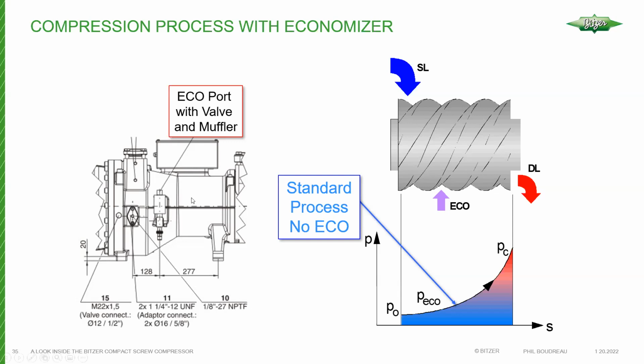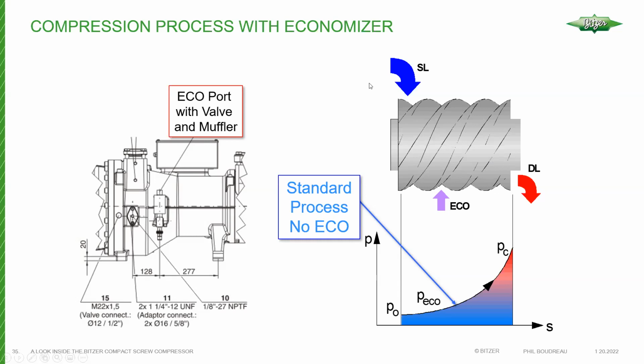So looking at this graphic here, this will show the actual process. This is the standard process without economizing, where we have suction vapor entering the rotors, compressed to the condensing pressure here. When we economize, okay, and we can see here that there's the length of the rotor.